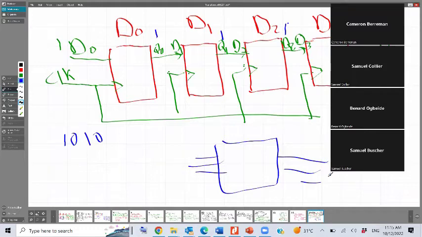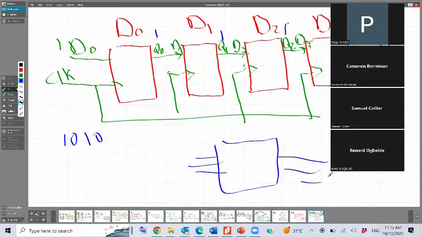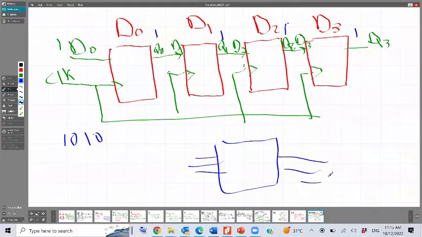May I ask a question, please, sir? Go ahead. You did this here. Can you see my arrow? You did 2 inputs, D0 and the clock. And there is 1 output, Q3.